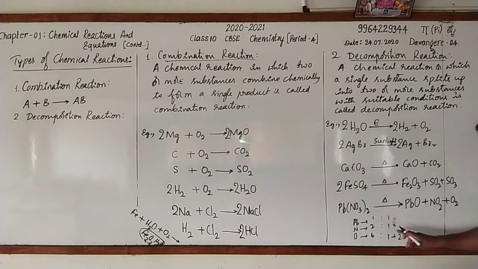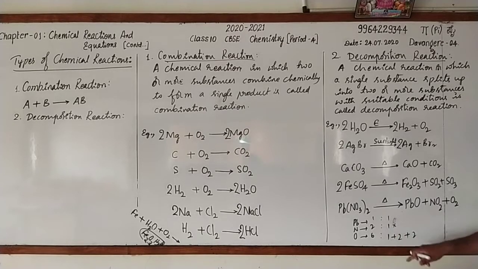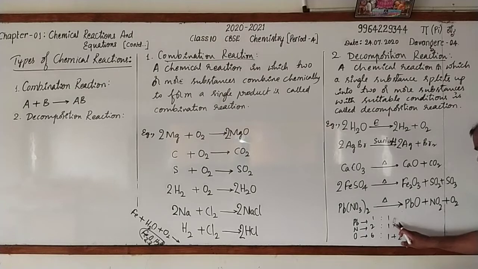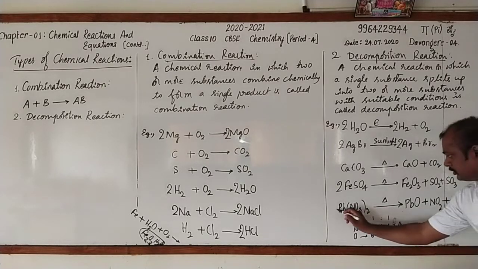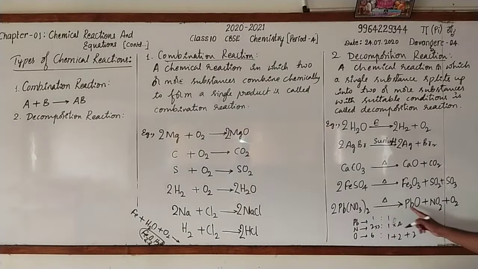Then we can do one thing like this. This nitrogen, when you multiply by 2 here, it has not come. Hence, I'll go for taking 4. If you take 4 here, this should be 2. Let us check it out. Here 2 and this is 4, right? Yes. Observe.